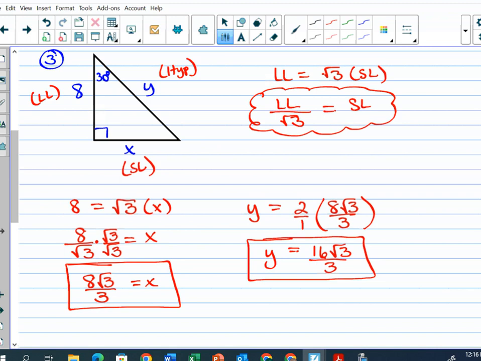Questions on 3? Those are the more challenging ones when you have the long leg given to you. Well, you can, but 1 times 3 is 3.